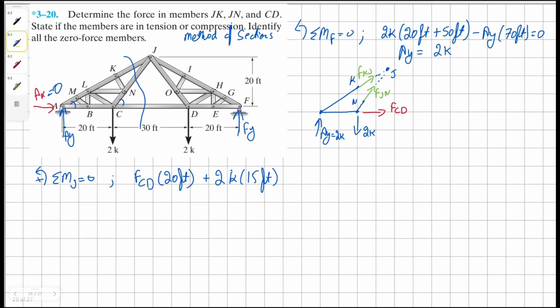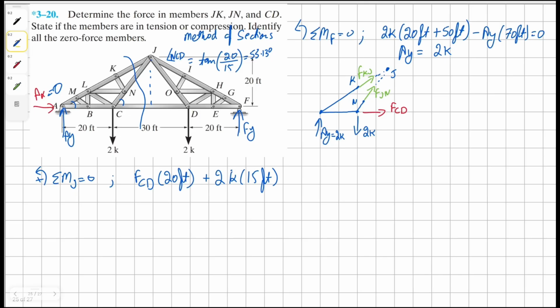To find our angle for NCD, it is simply going to be tan of 20 divided by 15. This gives our angle for NCD as 53.13 degrees.